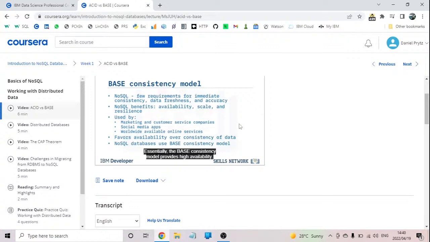Now we have NoSQL, which favors availability over consistency of data. So we just want to make sure there's always some sort of data coming towards you, as long as you can get the data you request. That's all that matters.